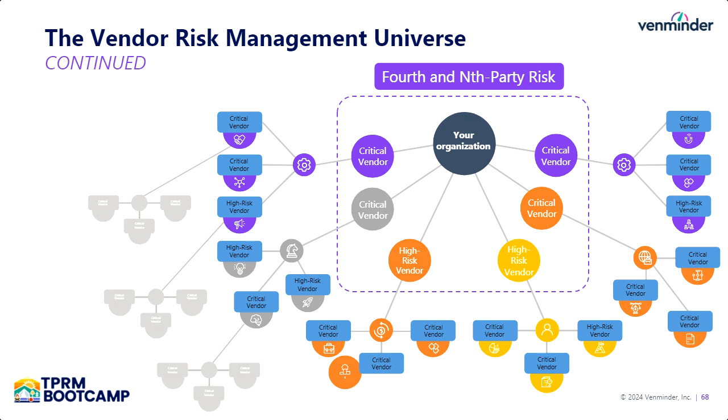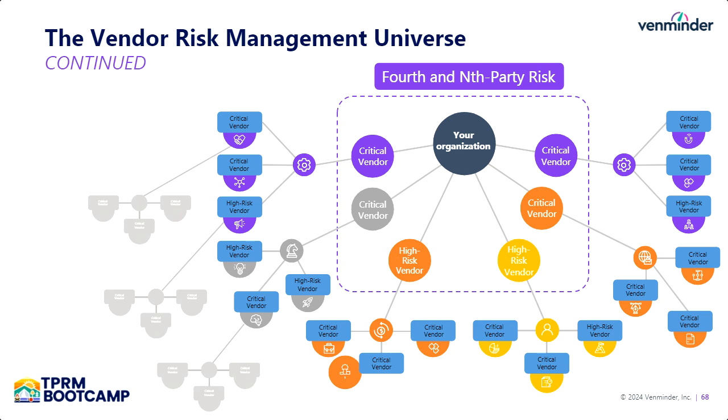But that universe, as you can see in this picture, expands drastically when you bring in those fourth and nth parties that are a part of the third party that you are working with. So this, as you can see, can become very broad and very unmanageable if it had to be managed at each level or with each one of these vendors.